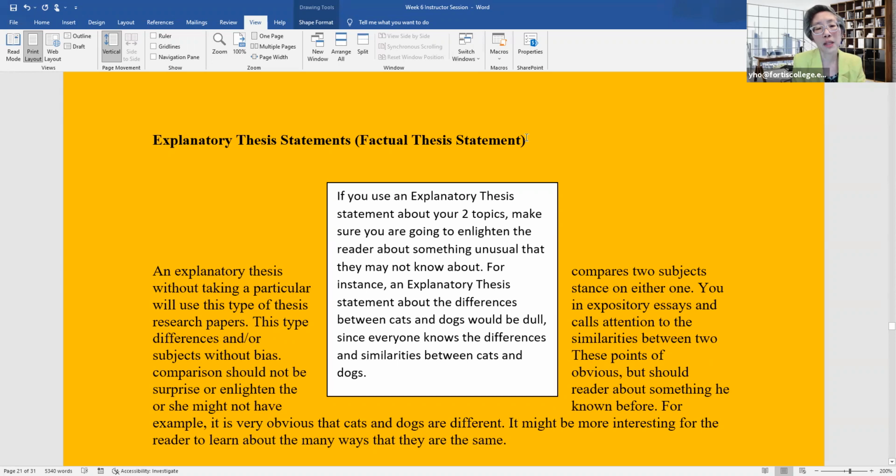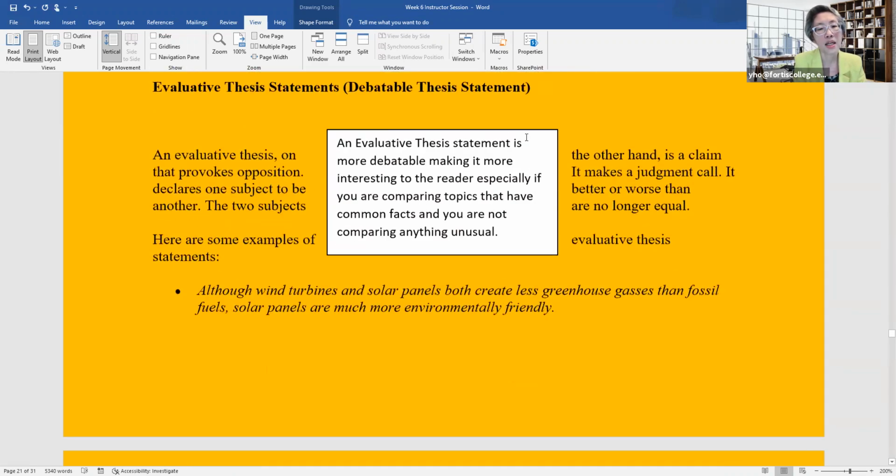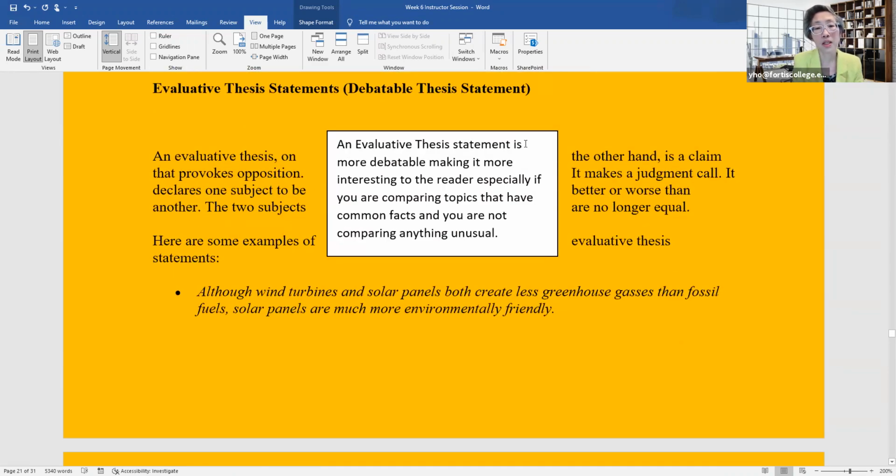So anyway, an explanatory thesis statement. So 2 kinds of thesis statements. An explanatory thesis statement is for difficult subjects and contradictory subjects and controversial subjects. An evaluative thesis statement is when you state your opinion. This is for easy subjects, like cold weather is better than hot weather.